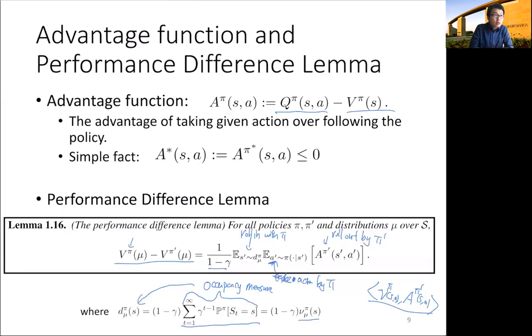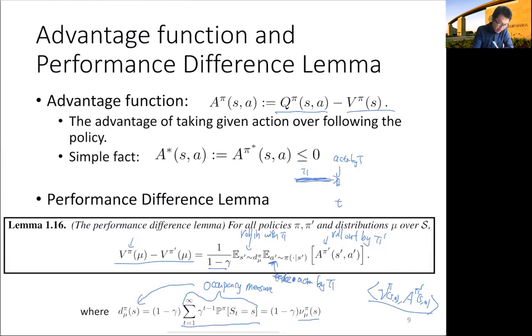Okay, so there's a question in the chat saying that if we alter one step in the trajectory by taking a randomized action, not necessarily according to pi. I'm not sure whether this question is related to the advantage function itself or to the performance difference lemma. But in the performance difference lemma, you are comparing the trajectory that rolls in with pi to this random location, and then takes actions by pi.